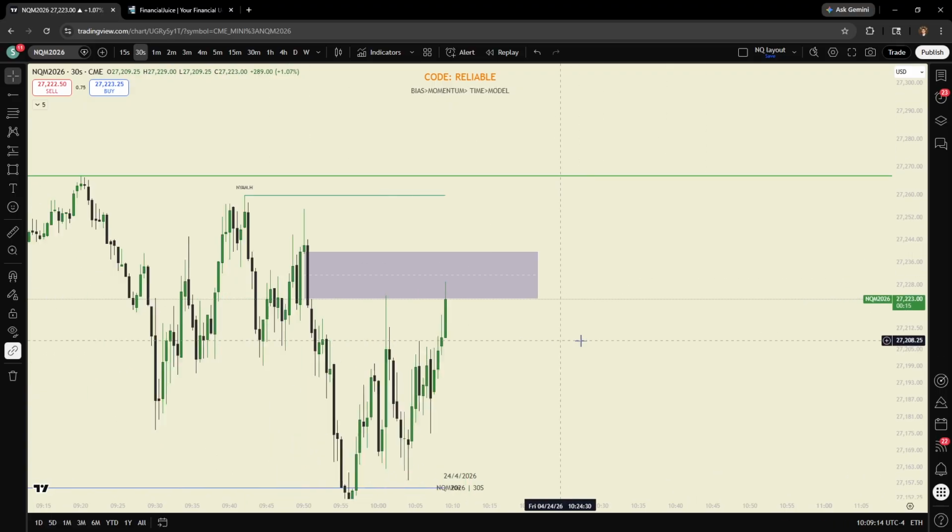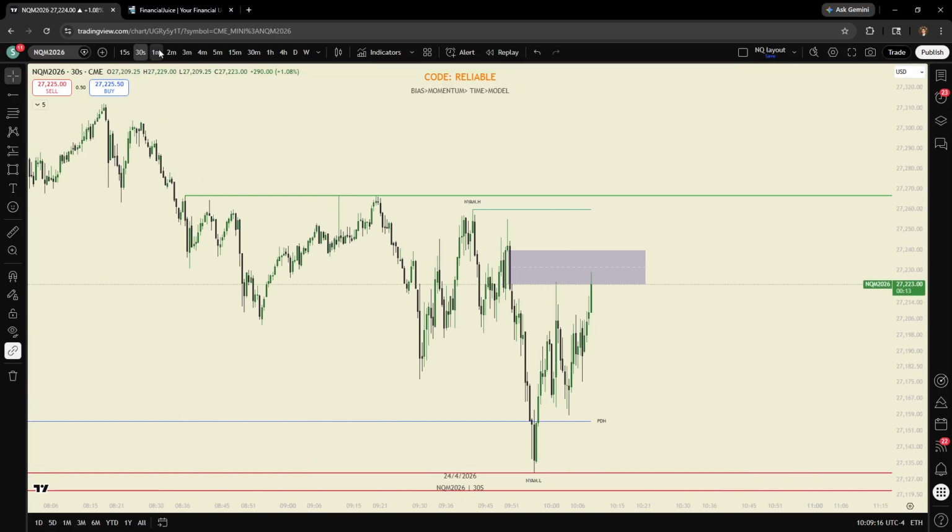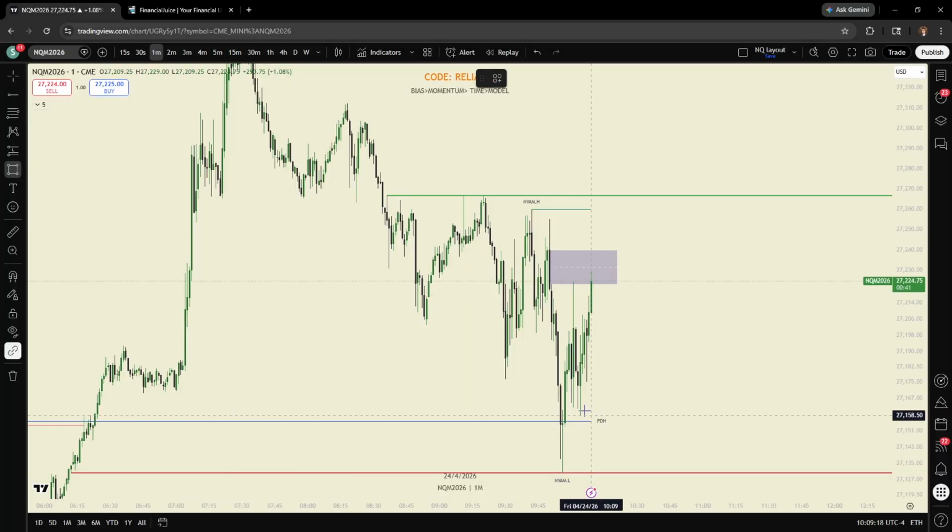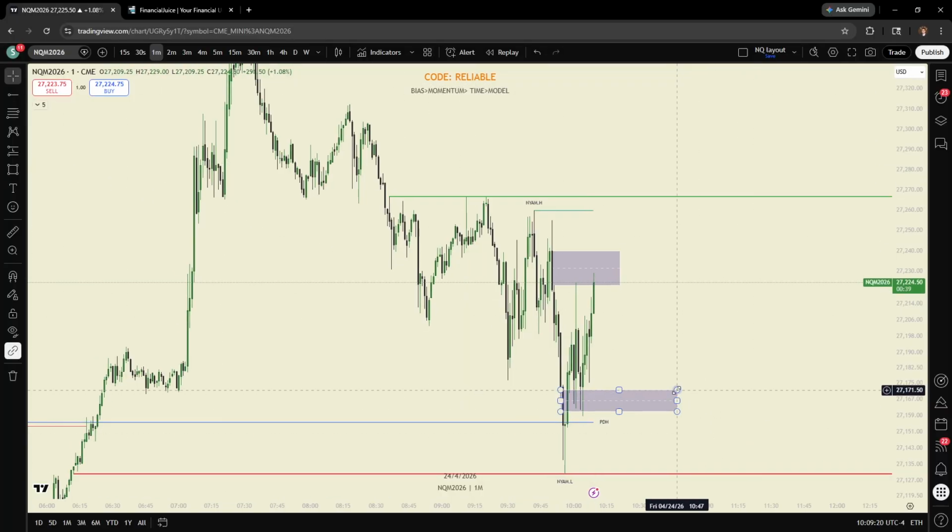Okay, so there's a rejection block break. I mean, this held bullish order flow. It's really gotta push here though. We gotta get a giant candle here.